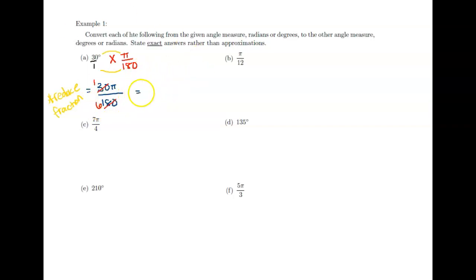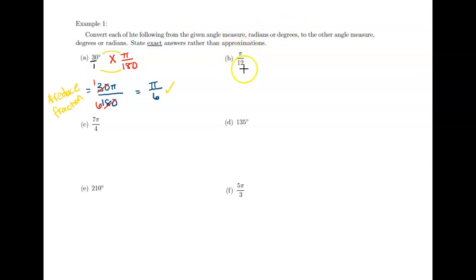So, as a reduced fraction, 1 times pi, that's just pi, and on the bottom I have 6. So 30 degrees is actually equal to pi over 6. So this is my exact answer, right? No approximations, I still have pi in there. We are all good. On to the next one.